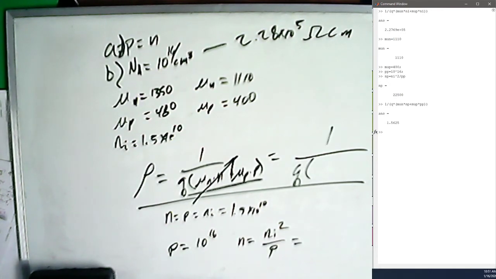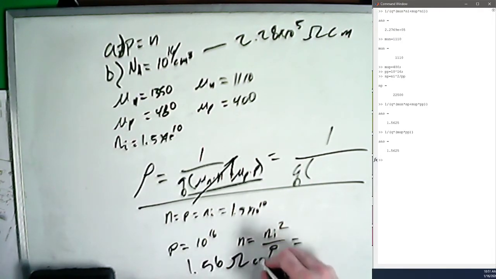I think I did something wrong. It's not matching up with what they've got here. But if I just simply left this part out, it's the same value. There is something different from what they've got in their equation. Nope, we did it right. So 1.56 ohm centimeters is what we get for this one.